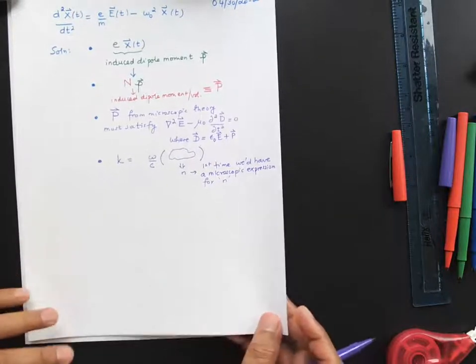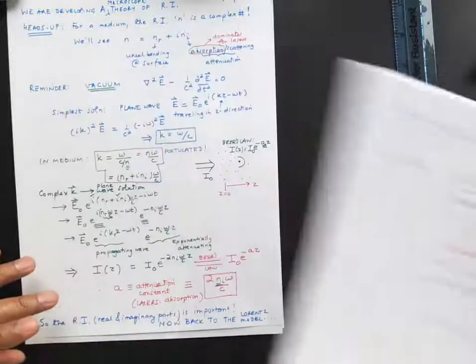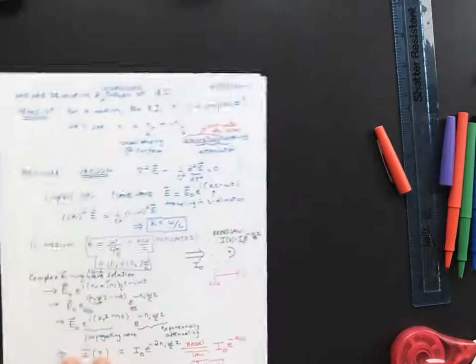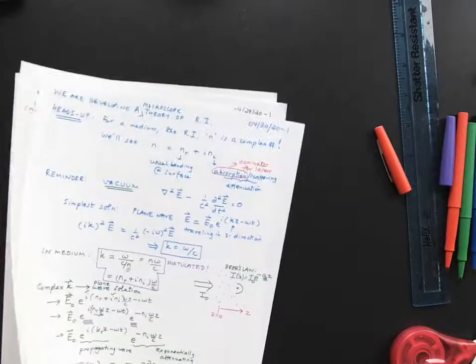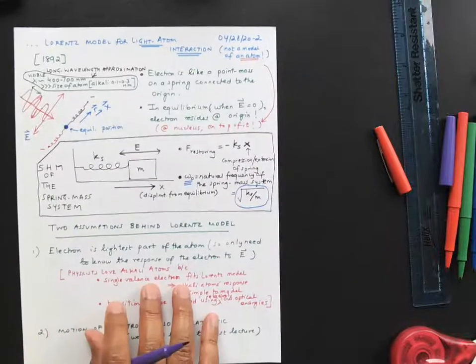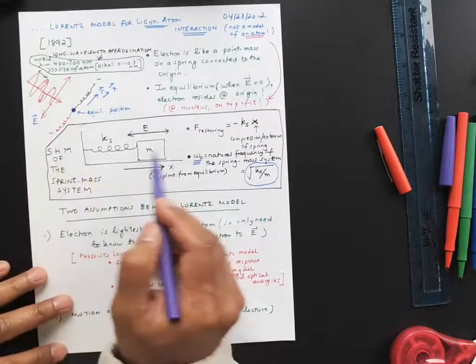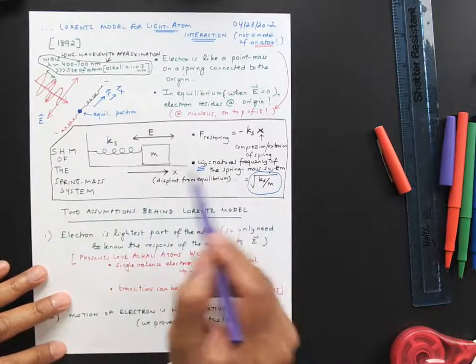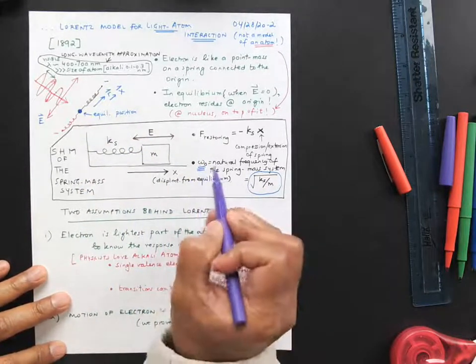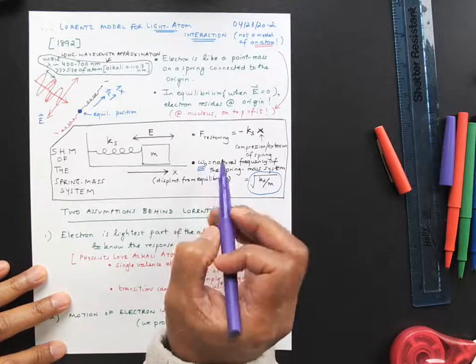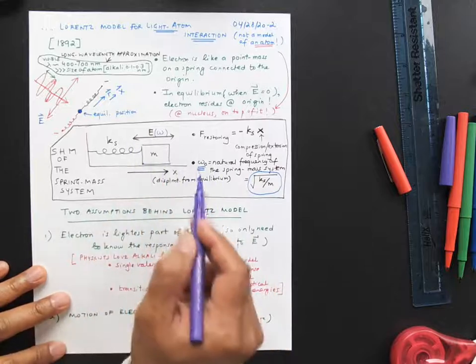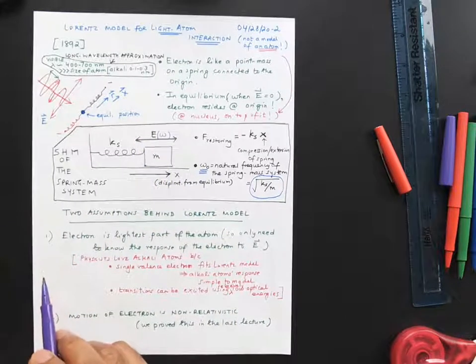And remember, the biggest advantage of the Lorentz model is that, because it assigned a spring-like interaction, for the first time you will have resonance. The concept that there is a natural frequency omega naught, and then there is a driving frequency from the electric field. And so now you can have resonance.